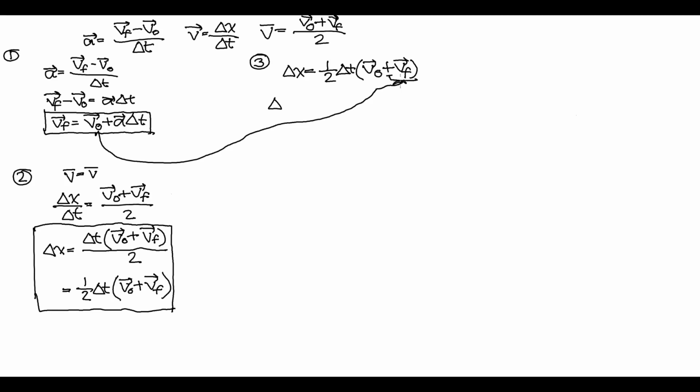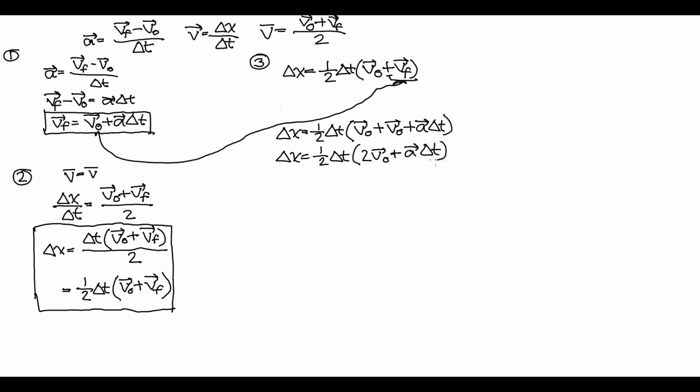So delta x equals 1/2 delta t times v naught plus, substituting the first equation in, v naught plus a delta t. That gives delta x equals 1/2 delta t times 2 v naught plus a delta t.